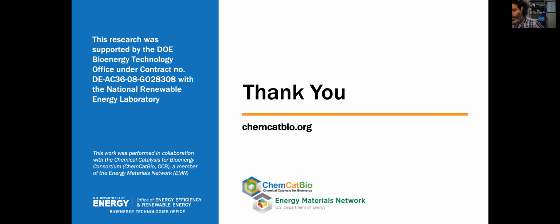So ChemCatBio has a pretty robust development cycle. We are obviously funded by Bioenergy Technologies Office. And so, these are ideas that are pitched within the consortium, ideas that have been refined within the consortium, and then we work with DOE to prioritize pathways and catalysts.